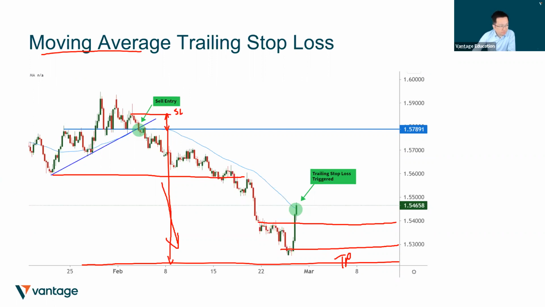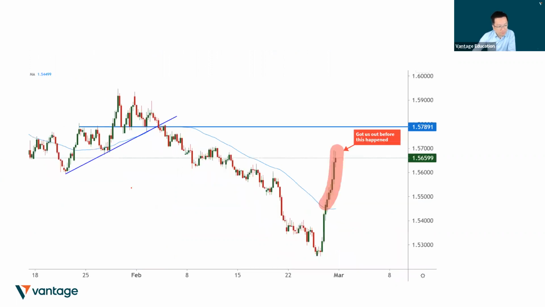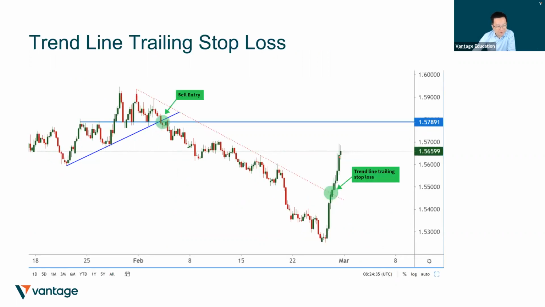Okay, good. So that's applying your stop loss to a moving average. It gets you out before that big move happens. Another way to think about applying a trailing stop loss is when you use the trend line.